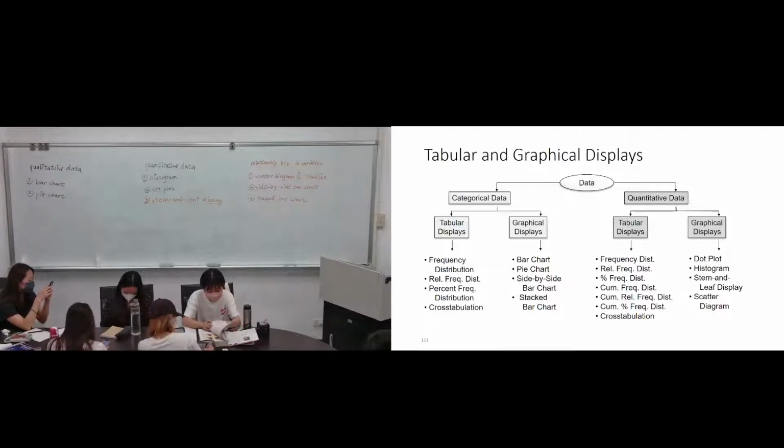For quantitative data, the tables we use include frequency distribution, relative frequency distribution, percent frequency distribution, cumulative frequency distribution, cumulative relative frequency distribution, cumulative percentage frequency distribution, and we also use the cross tabulation table to summarize the relationship between two variables. This is important.